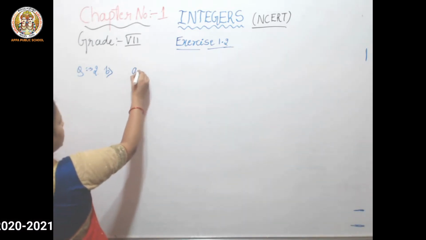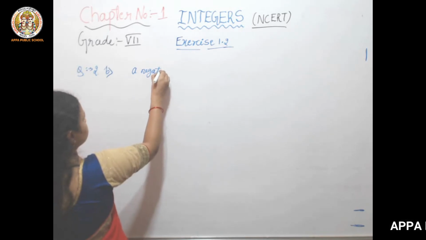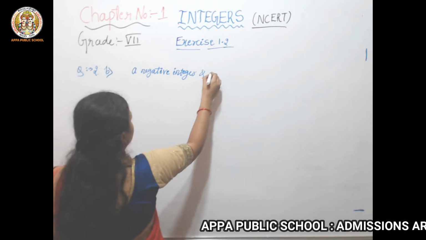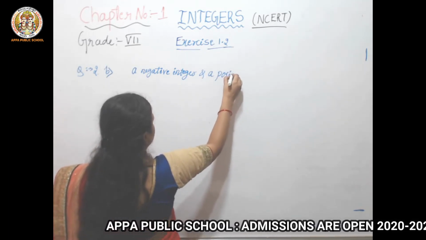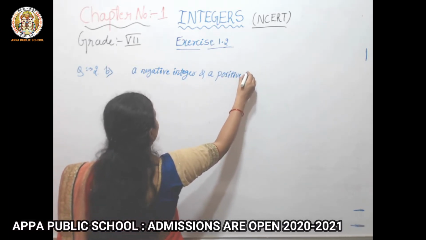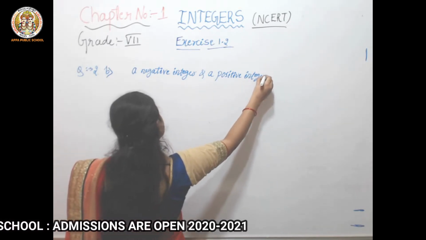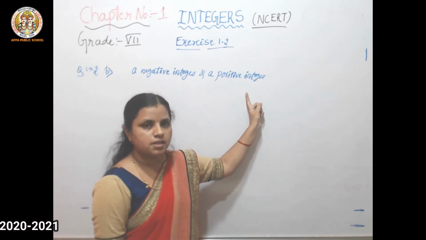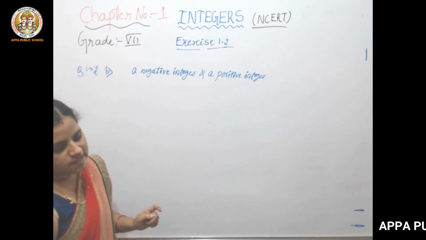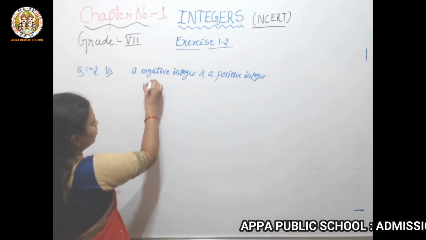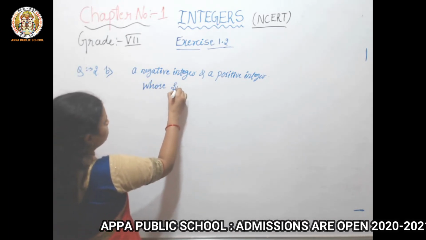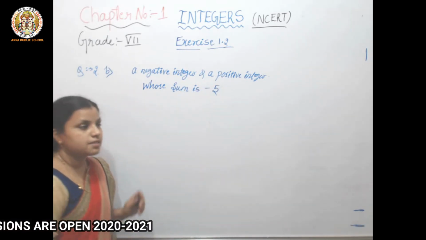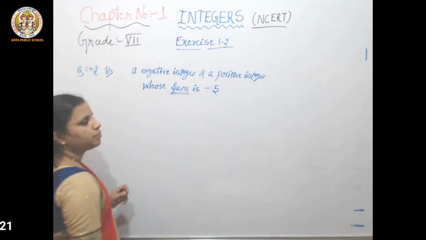We should take a negative integer and a positive integer, because here we are taking a pair. Pair means it includes 2. So one is a negative integer and the other is a positive integer, and whose sum is -5. As we said, sum means plus.